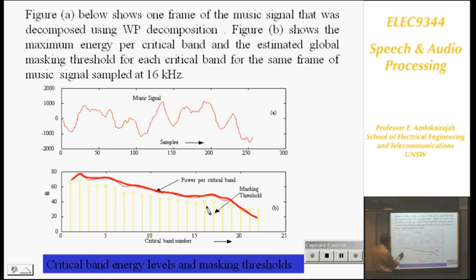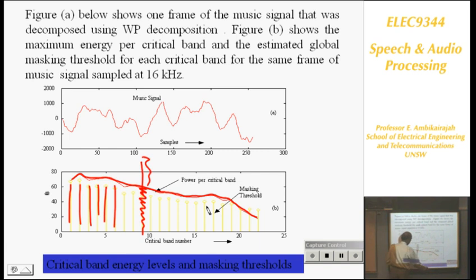And then you are calculating the masking threshold. You can see the masking threshold that you calculate for this particular band is all below the energy. So you must send all of these. Masking is useless here because the masking threshold is below. So we can't compromise in this particular frame. In some frames it will be above. So if the masking threshold is here, then you can get rid of that and you only have to send that bit.